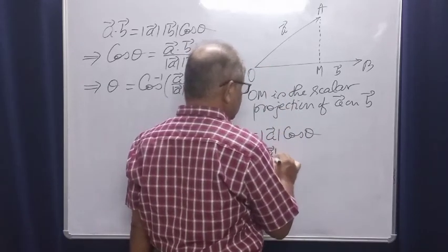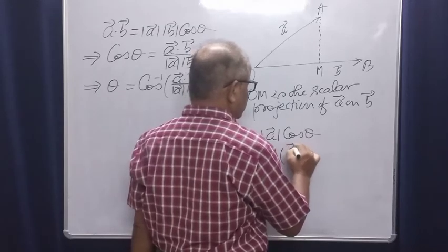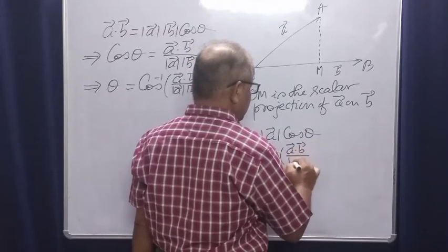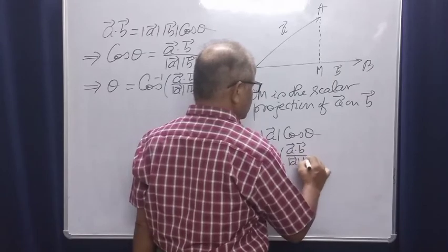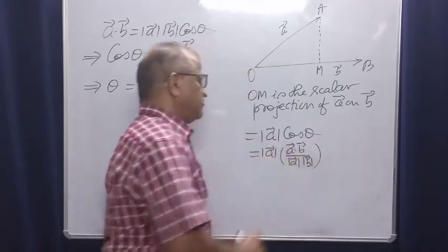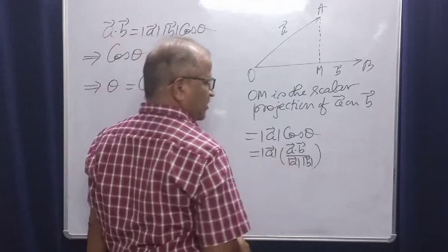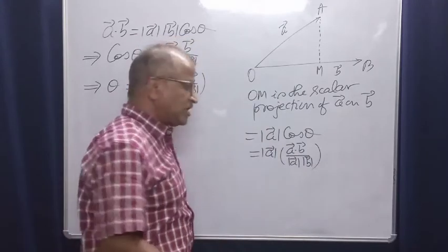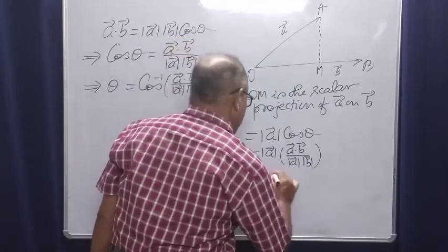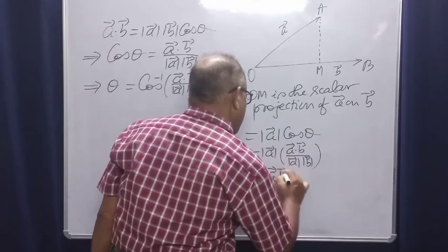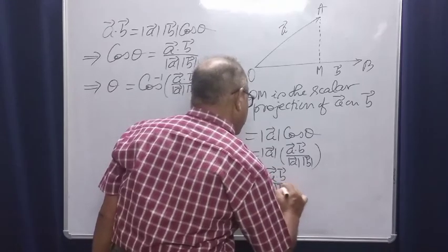Magnitude of a cos theta means a dot b by magnitude of a into magnitude of b. So now magnitude of a will cancel, and it will be equal to a dot b by magnitude of b.